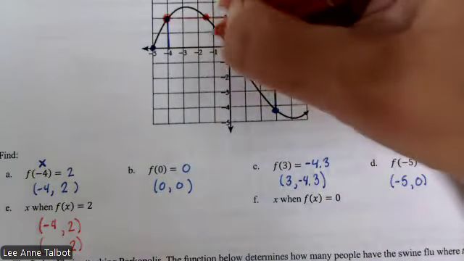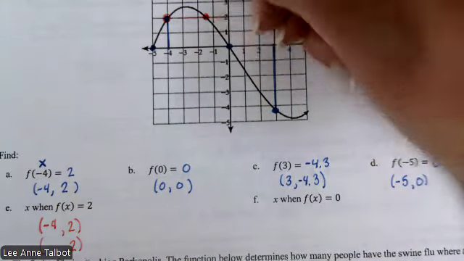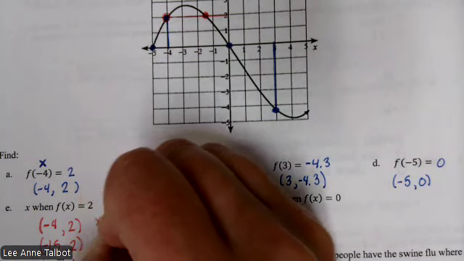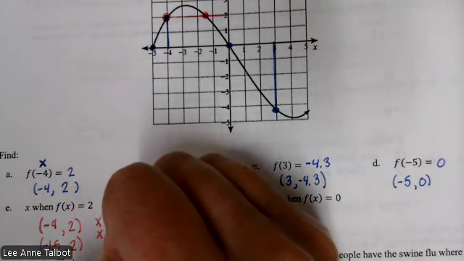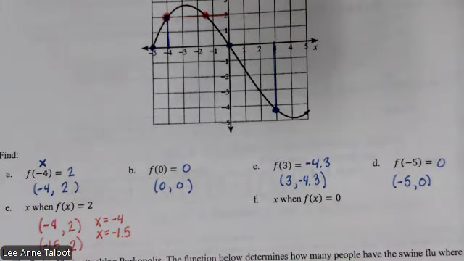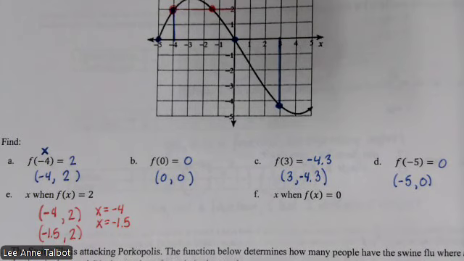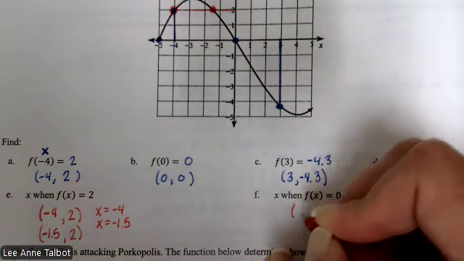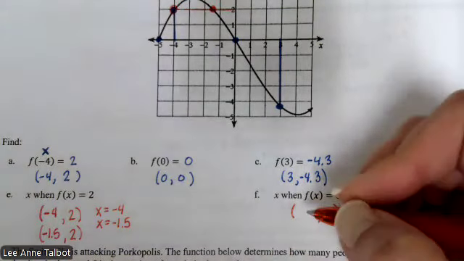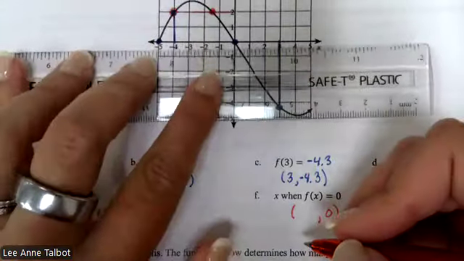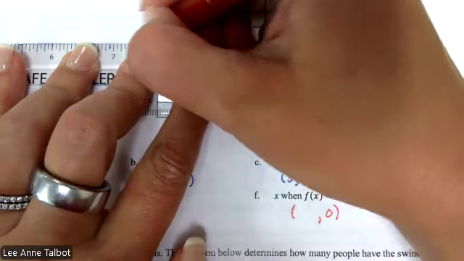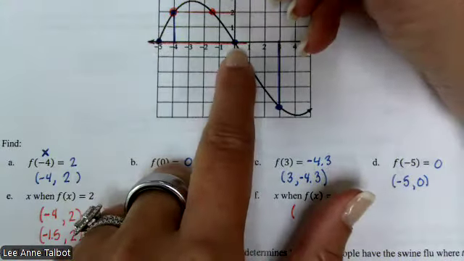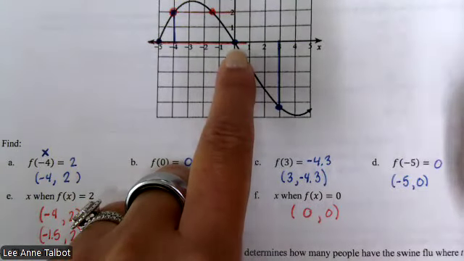What's this one? -1.5? All right, and this is something comma 0, which is going to be 0, 0. I guess we already have these, huh?